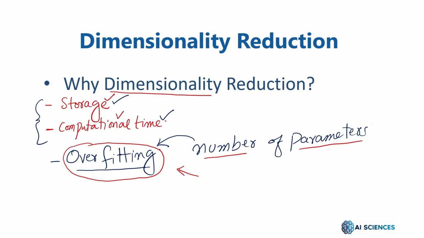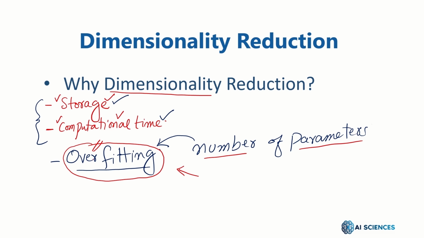So dimensionality reduction is required because, one, storage: that's okay, we can deal with that with hardware, maybe to some extent. Two, computational time: we might go to cloud computation and avail fancy hardware services, parallel computation and the like, so we may take care of computational time to some extent as well. But overfitting is not minor.